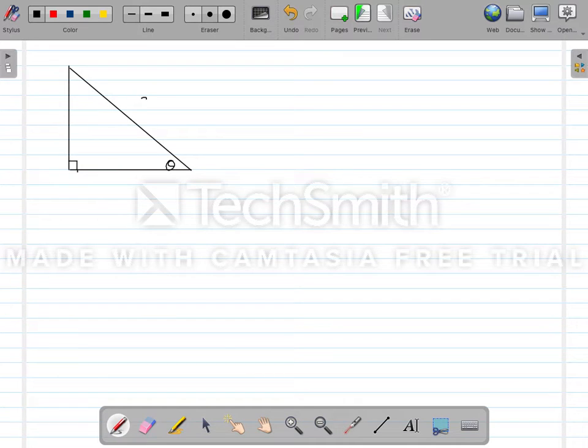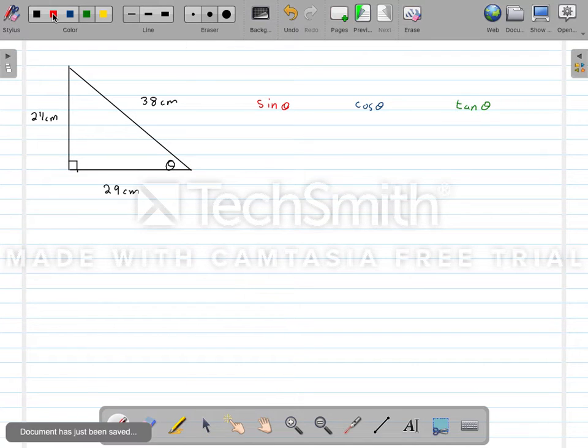This side is 38 centimeters. This side is 29 centimeters. And this side is 24 centimeters. Okay? Let's write out our sine theta, cos theta, and tan theta ratios.